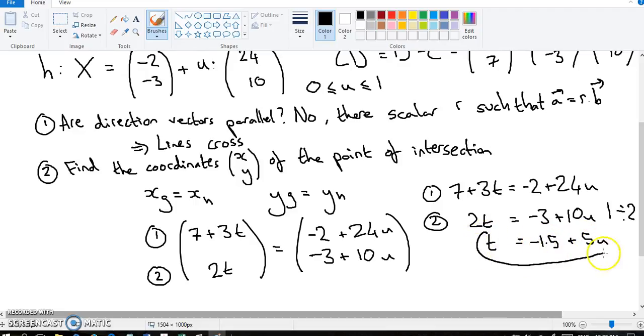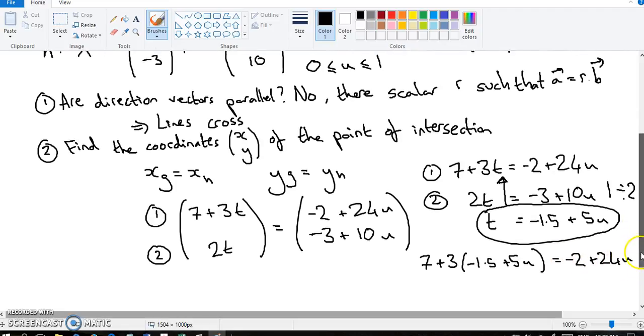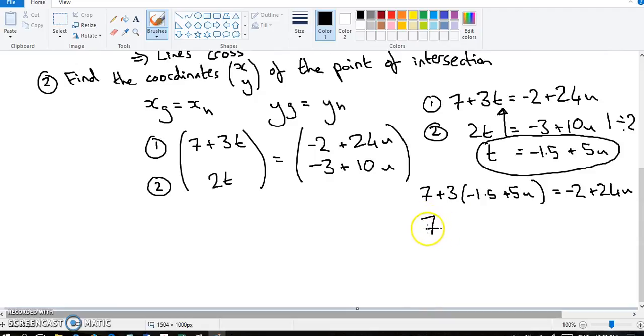And then I'll substitute this into the t in expression 1. So I get 7 plus 3 times (-1.5 plus 5u) is equal to -2 plus 24u. So I get 7 minus 4.5 plus 15u is equal to -2 plus 24u. So 7 take 4.5 gives me 3.5. Adding 2 to that gives me 5.5.